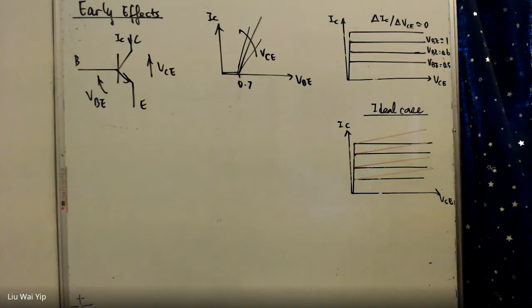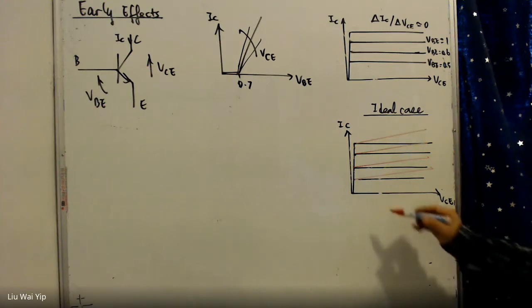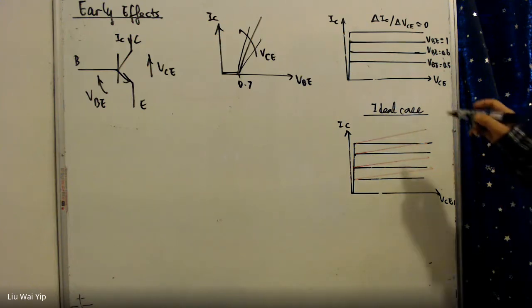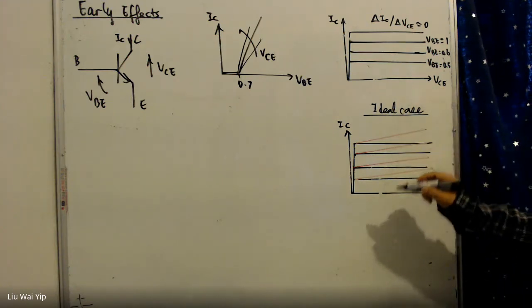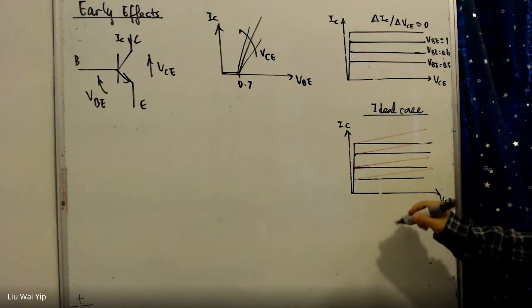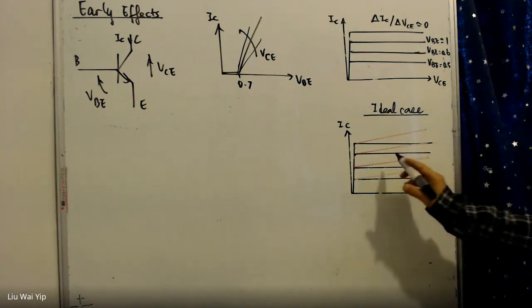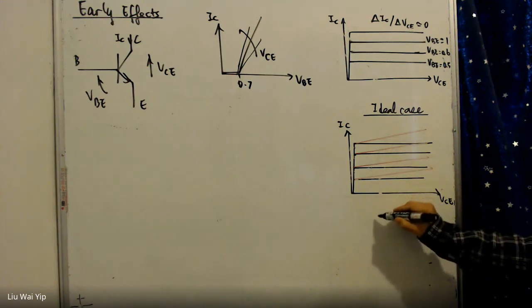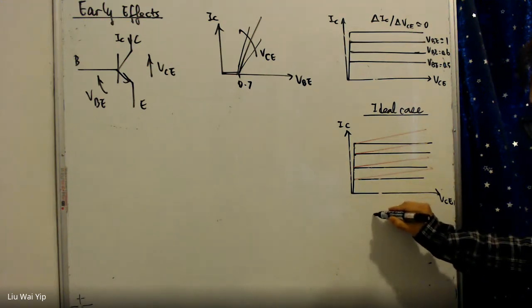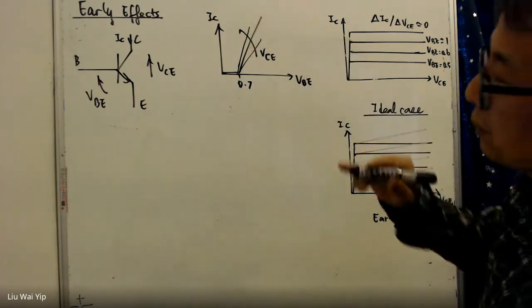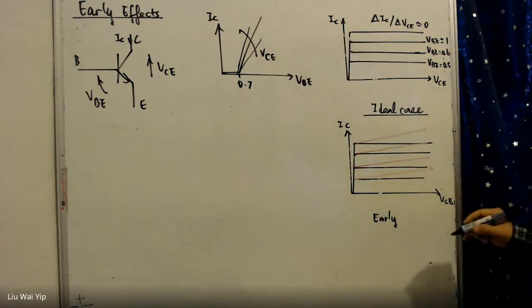So in other words, the real discovery they have done is the one with the non-ideal situation, where there is something called the Early effect. Early is the surname of the scientist who discovered this effect.